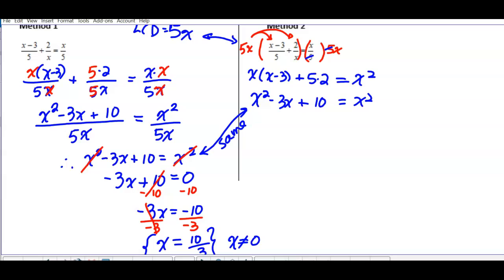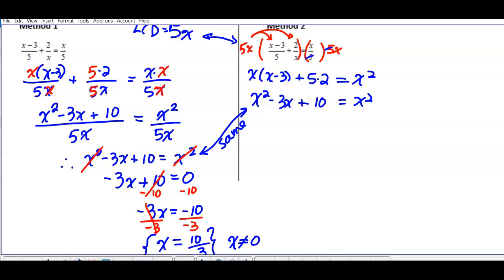Fewer steps, right? A little bit faster. Always nicer, I find, to deal with things that aren't fractions, whether they're rational expressions or numbers or whatever. So I like this second method better because then it gets rid of the denominators and you're done with denominators. Okay, the whole thing.